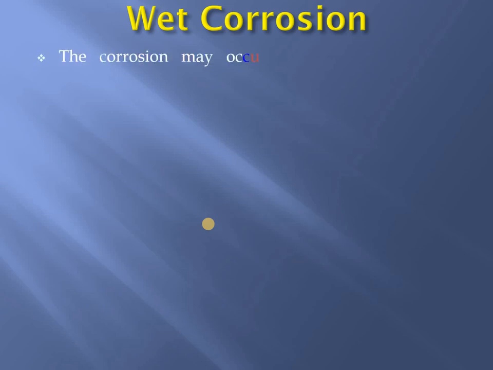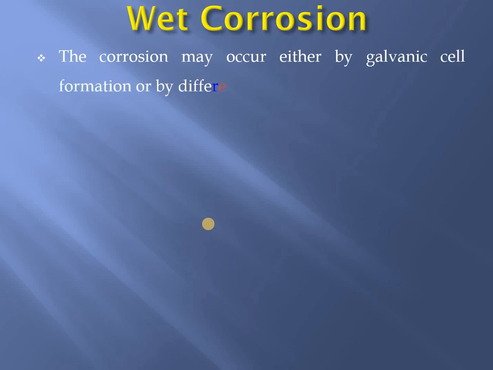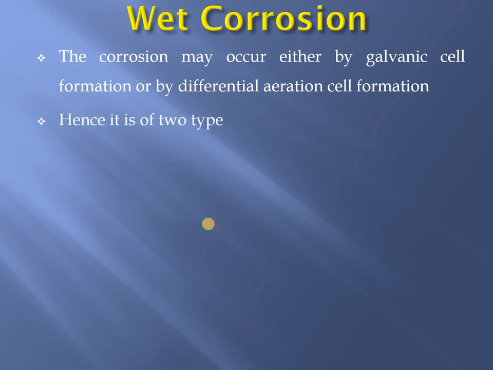Wet corrosion may occur either due to the formation of a short circuited galvanic cell or by formation of a differential aeration cell, and hence there are two types of wet corrosion.